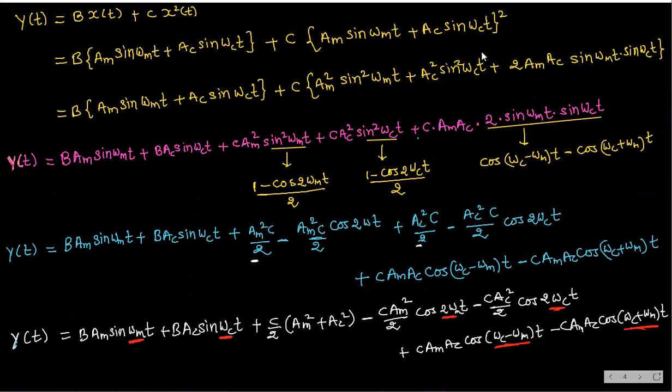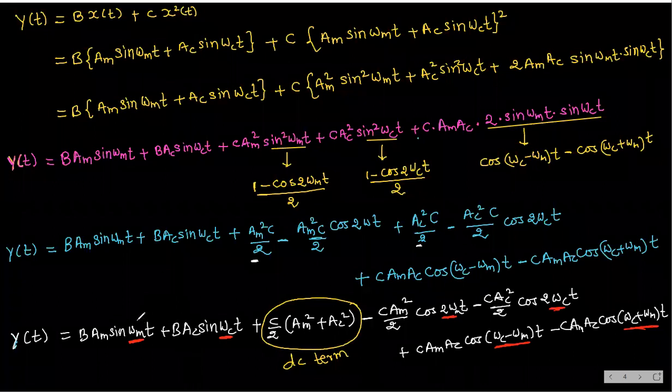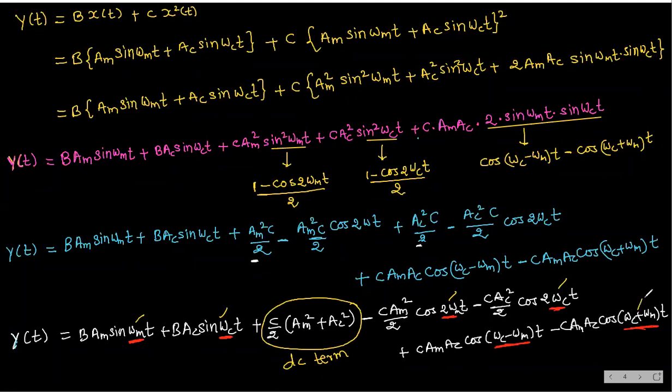Now see in this equation, this part is there now, which I am rounding off. This is a DC term. And now this omega m, omega C, 2 omega m, 2 omega C, omega C plus omega m, and omega C minus omega m.